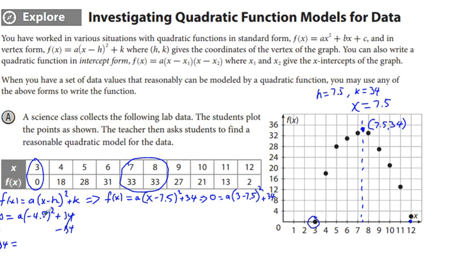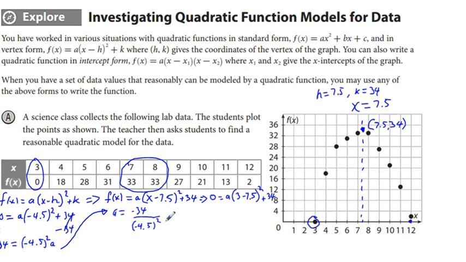So what we have here is negative 34 equals negative 4.5 squared times a. Now I'm going to work up here with this arrow. I'll say a is equal to negative 34 over quantity negative 4.5 squared.